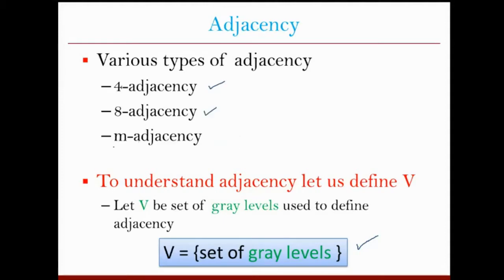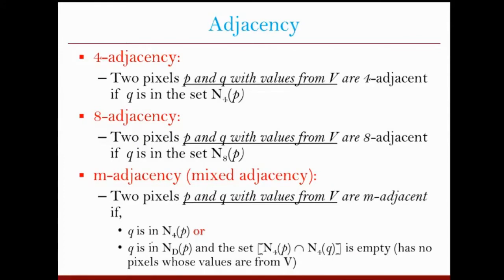And we'll also say there is one more adjacency we'll talk about here, M adjacency. So depending upon the neighborhood that we are considering, we can define the adjacency given this set V. Okay, so let us see the definition of the adjacency.